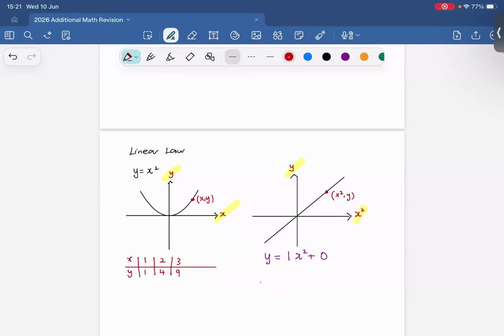For this one, when we plot, what are we plotting? We are plotting x squared and y. So if x squared is 0, y is 0. When x squared is 1, y is 1, because the equation is y equals x squared, y, still the same thing. So when you plot like that, that is how we get the straight line.